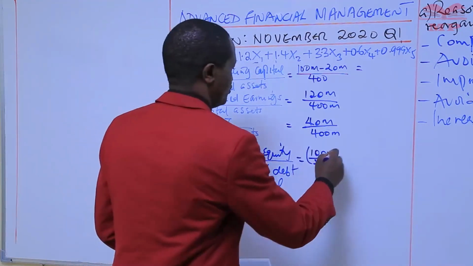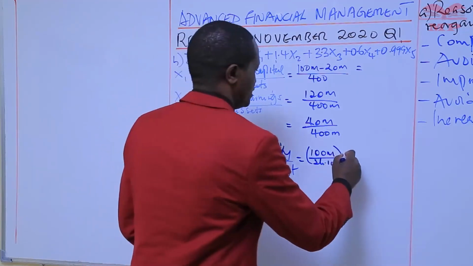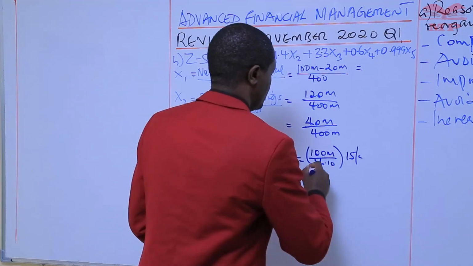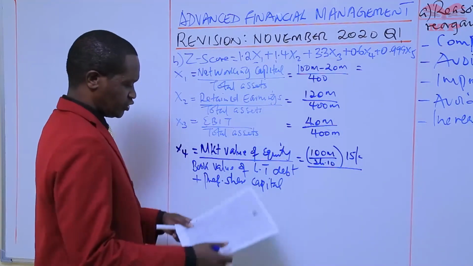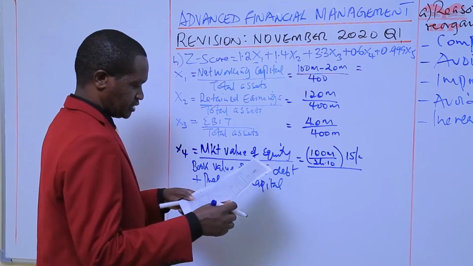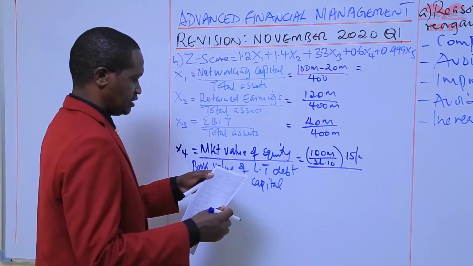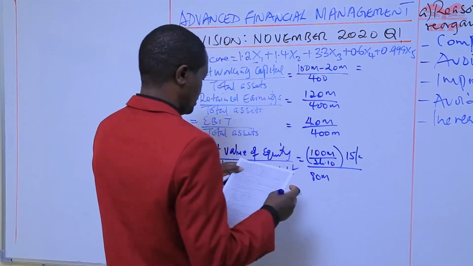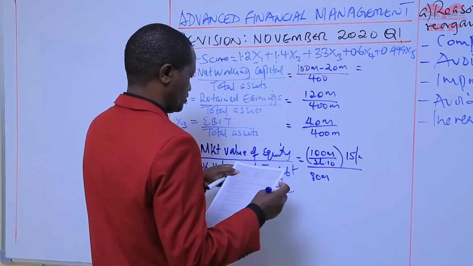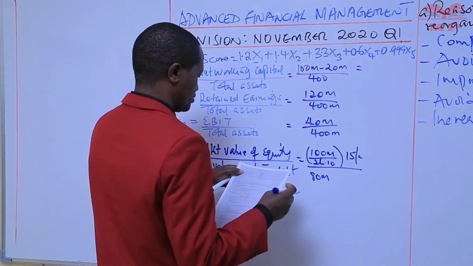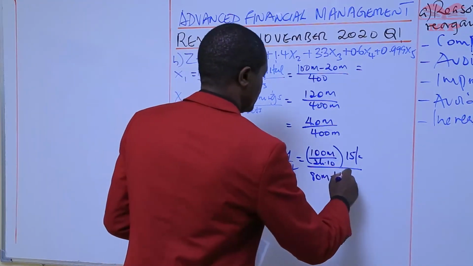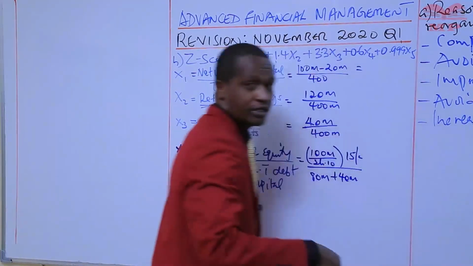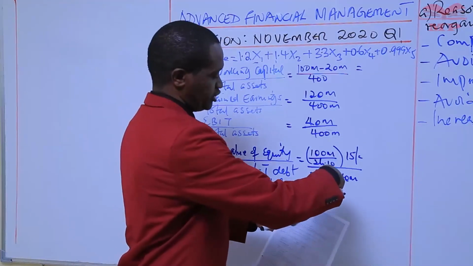This will give us the number of shares, then we multiply by 15 shillings, divide by the book value of long-term debt. Long-term debt is 80 million. Long-term debt, that is 10% debenture capital, 80 million. Preference share capital, 40 million. That's 40 million. The rest is the work of the machine.